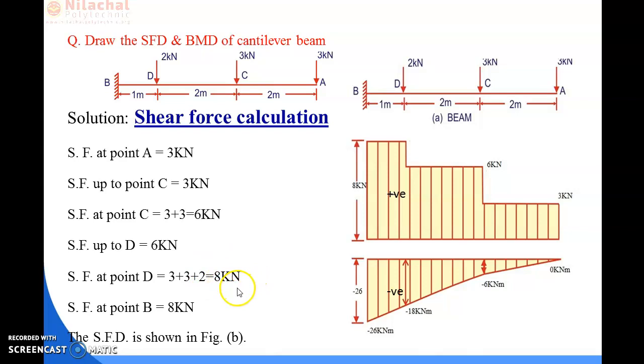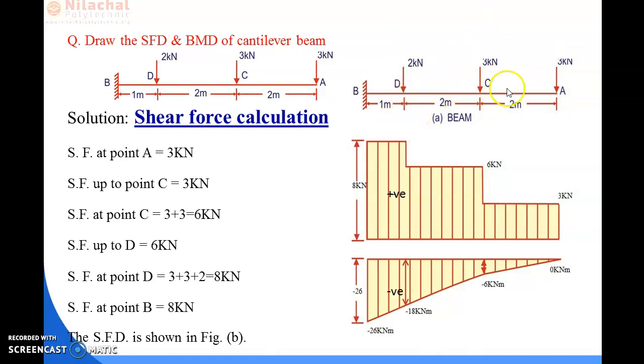Okay. So now comes the last part of the section, which is at the fixed end support. If we consider this point, we need to see at the right side of the section how many loads are there. So you see here 3 loads are there.